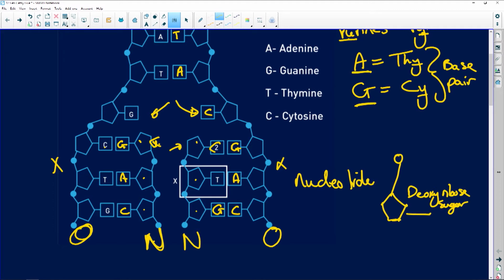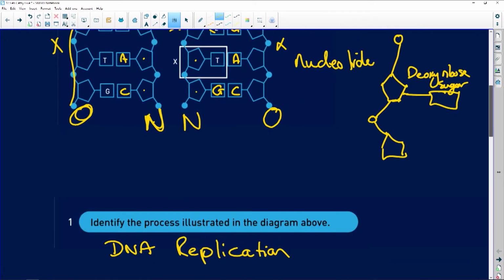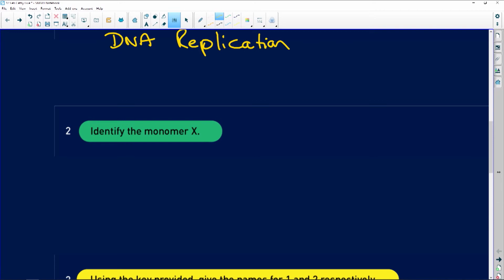And then attached to that, you're going to have your nitrogenous base. And then phosphate, pentose sugar. And so this is what forms the backbone. All right, that's the backbone we were talking about. So here, it's a nucleotide: phosphate, pentose sugar, nitrogenous base.